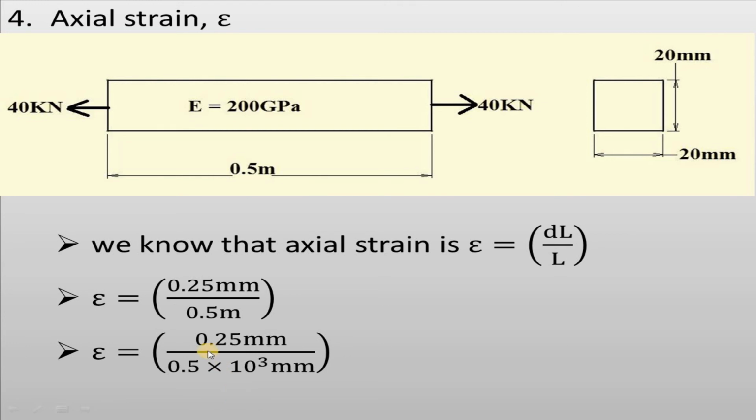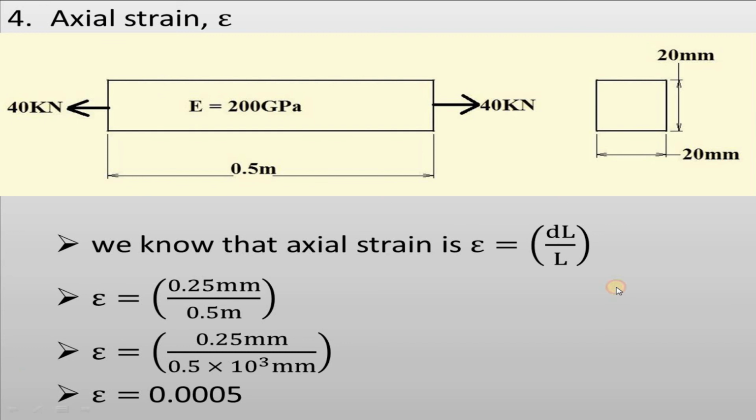So here 0.25 divided by 0.5 into 10 power 3 is 0.0005, and mm gets cancelled. So the next step will be epsilon is equal to 0.0005. And this is nothing but the value of axial strain of the square bar.